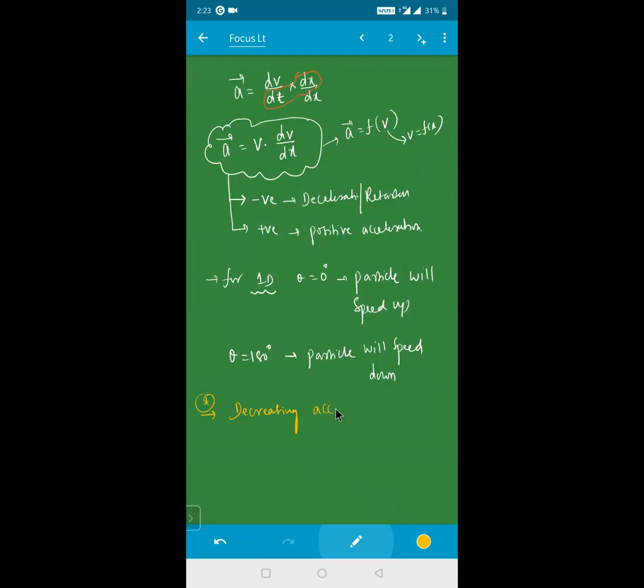Decreasing acceleration does not mean speeding down. Understand how? See how?